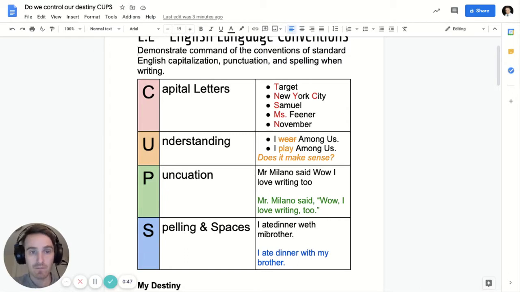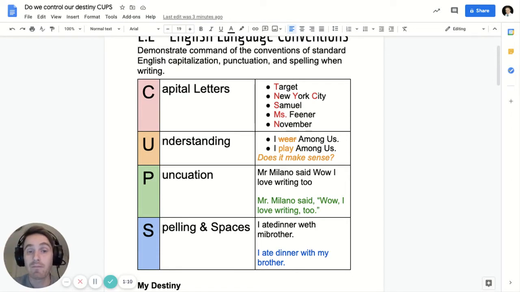All right. So what you're looking for with CUPS is capital letters for C, understanding for U, punctuation for P, and spelling and spaces for S. This is for when you're editing your work or even while you're writing. You always want to be thinking of these things in your head, okay?